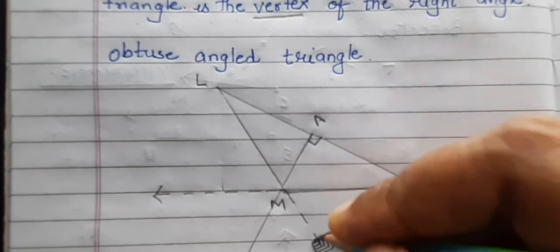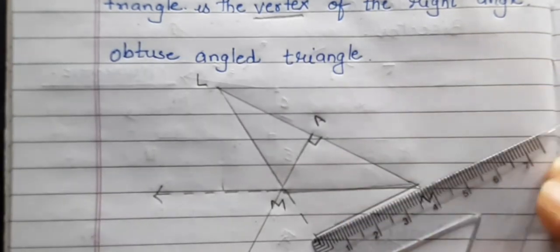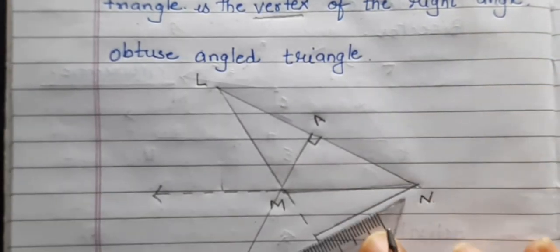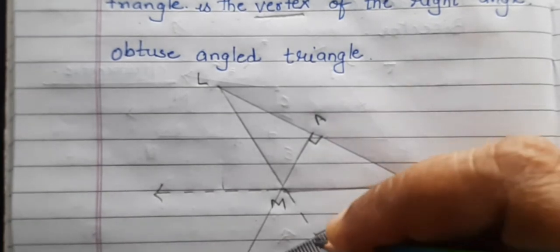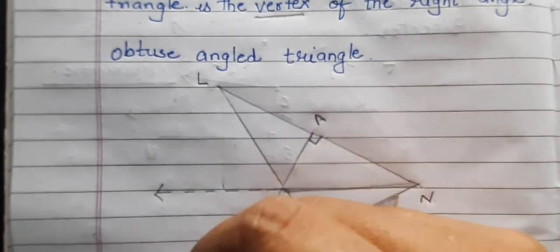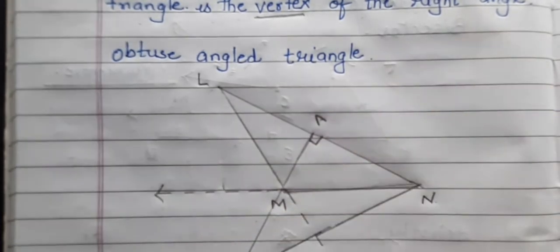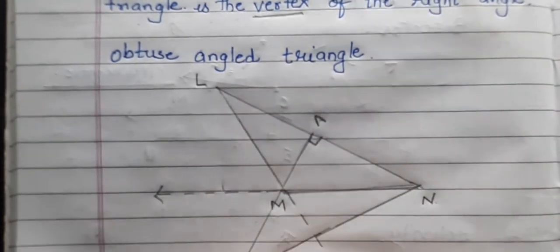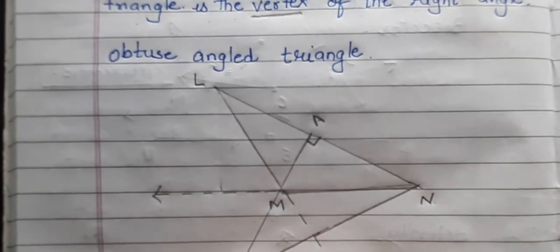I'll draw this line and extend it further. I'll name it as MNC.